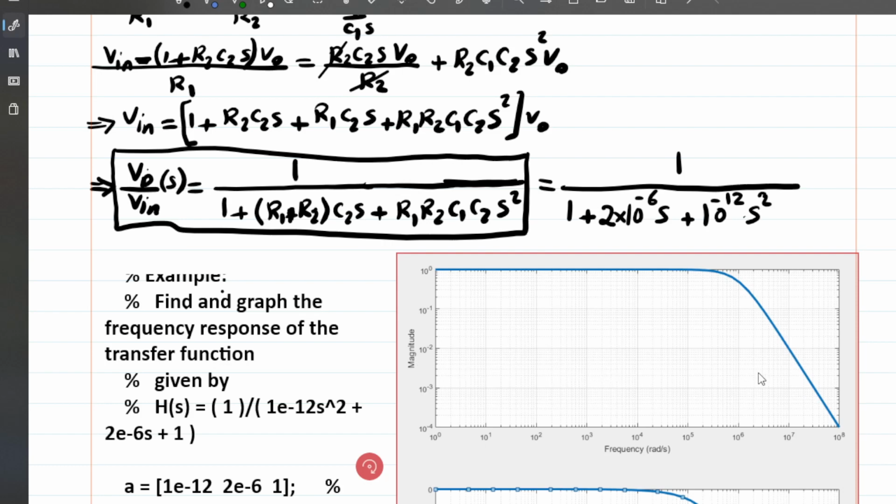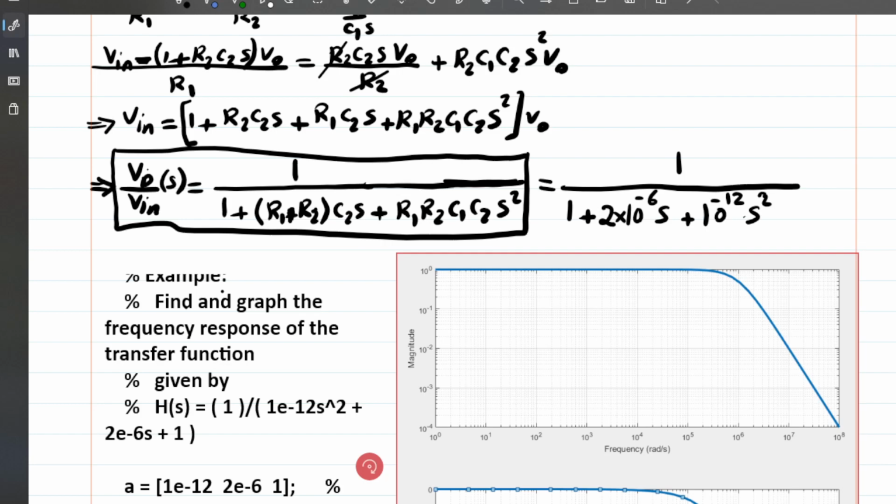So it's a 40 dB per decade drop. Decade means a 10 times increase in frequency. Every 10 times increase in frequency, you're dropping 40 dB. That's because you're dealing with two poles located at the same position.